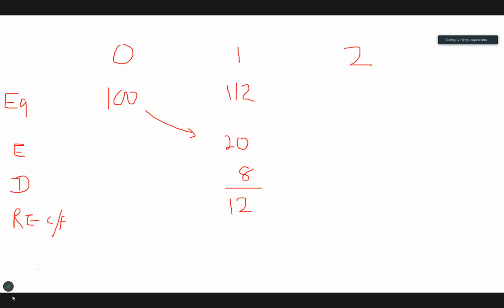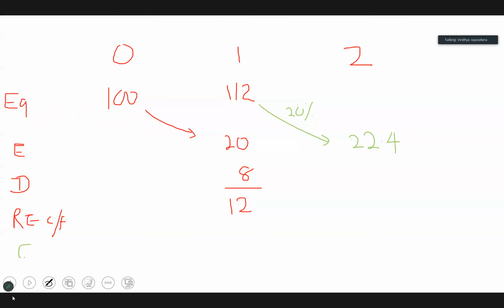Nimasha, can you tell me the full figures? 22.4. Okay, thank you. So from this 112, I'm expecting to earn a 20% return. So that means my earnings are going to be 22.4 next year.